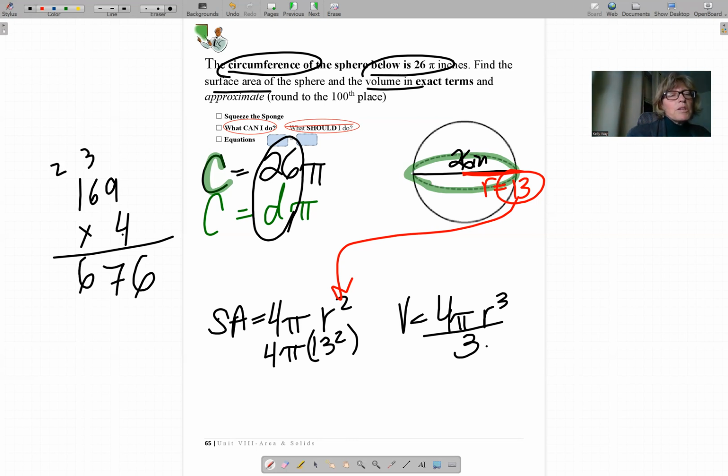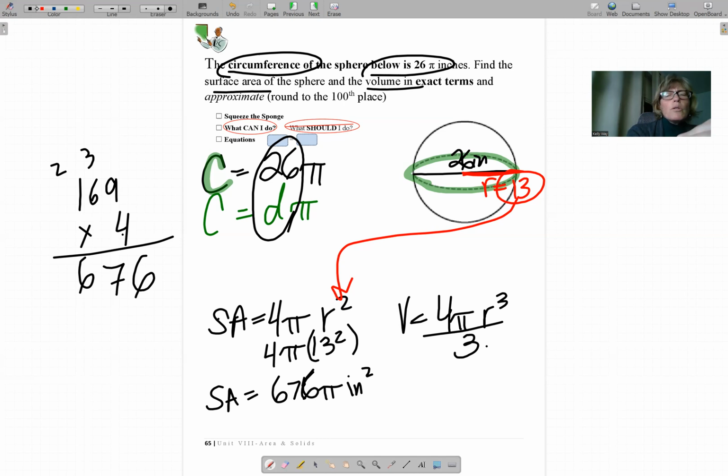And that's going to be 676. So our surface area is 676 pi. Check units, inches squared.